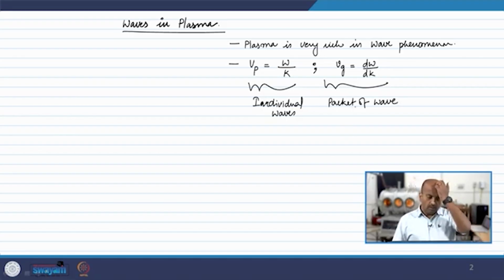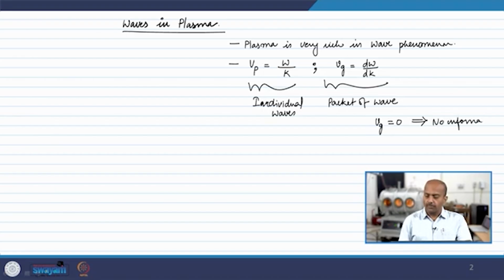So, here the most important thing that you have to understand is when the group velocity becomes 0, we can say that no information is transmitted. The wave is not carrying any information into the space.